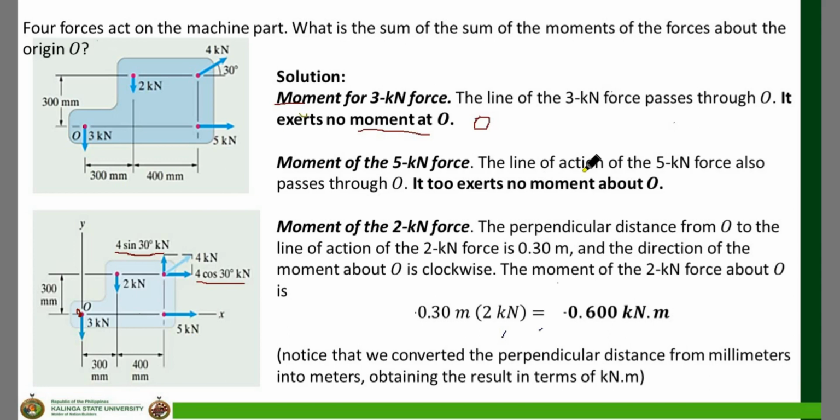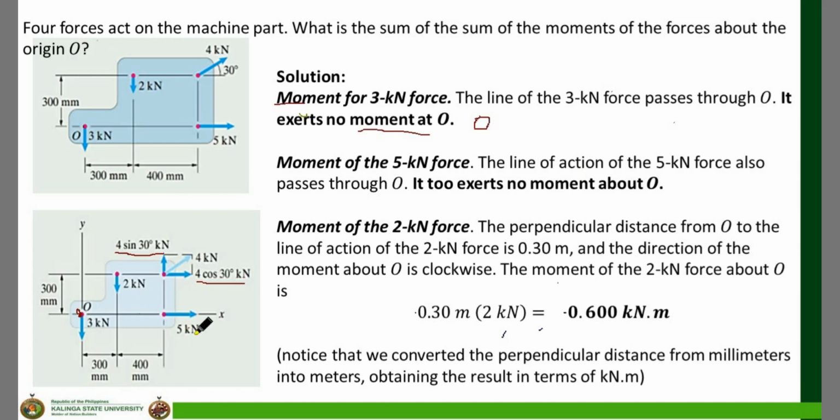If the force is at the very point of reference, the moment is equal to 0. So, there is no moment for the 3 kilonewtons.